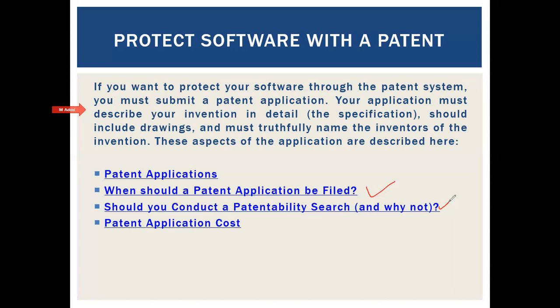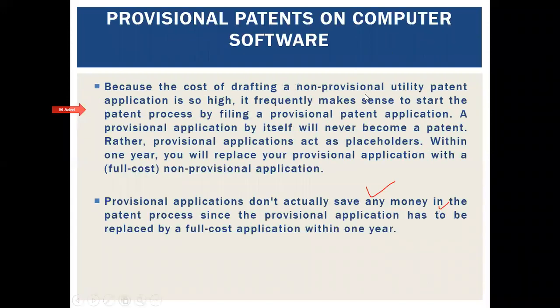Now, talking about provisional patents on computer software: it relates to the cost of drafting a non-provisional utility patent application, which I already discussed. Because the cost of drafting a non-provisional utility patent application is so high, it frequently makes sense to start the patent process by filing a provisional patent application.